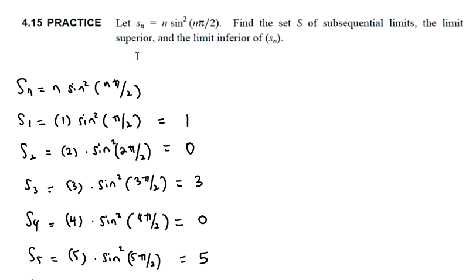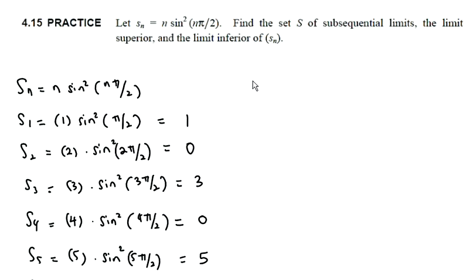Alright, now we look at practice 4.50. Let S sub n be given by n multiplied by sine of n pi over 2, squared. Find the set S of subsequential limits, the limit superior and limit inferior. First we need to expand the sequence.